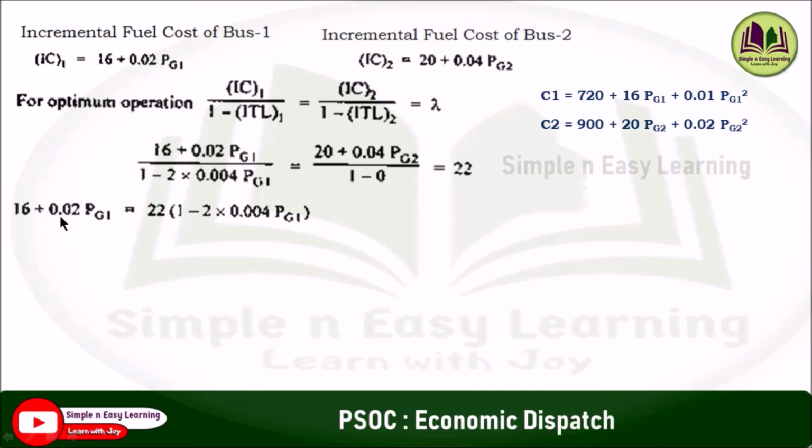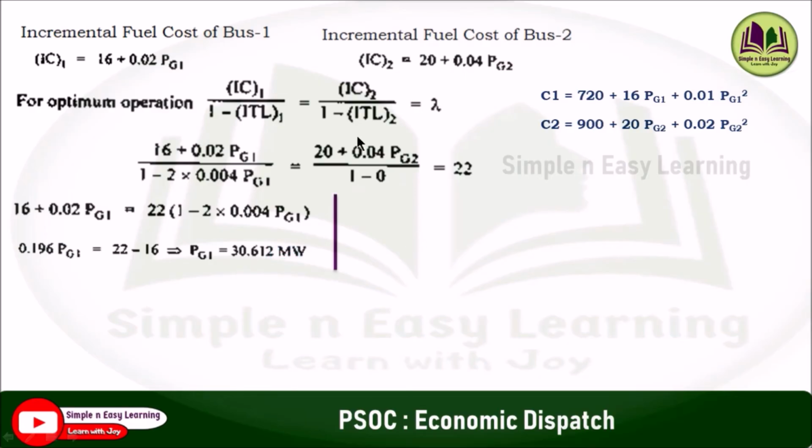Cross multiplying and multiplying 22 inside the bracket, it becomes 22 minus 22 into 2 into 0.004, which is 0.176 PG1. Bringing minus 0.176 PG1 to this side, it becomes plus 0.176 PG1. Adding with 0.02, you get 0.196 PG1, and taking 16 to the other side, it becomes minus 16. Simplifying, you get PG1 equal to 30.612 megawatt.